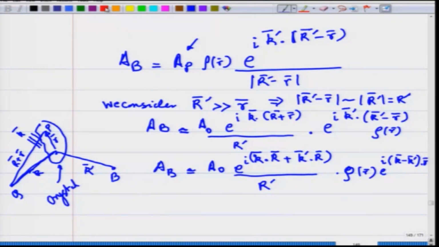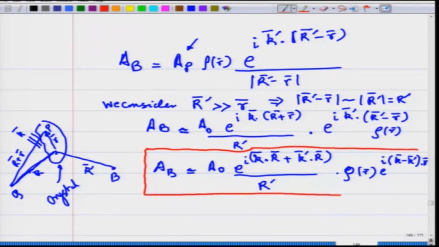And this is your expression for the amplitude of the scattered light which is reaching point B from some set of scatterers which are present at point P. The amplitude of that which is reaching point B is given by this.